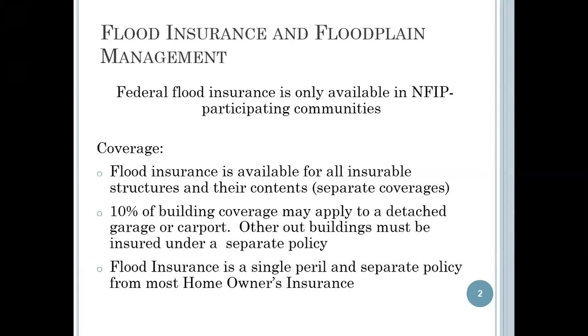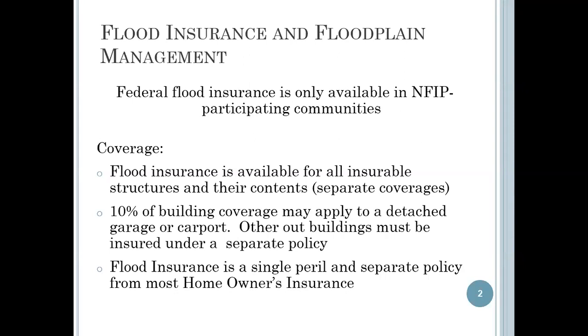Well, it can be on one policy, but you have to purchase building and then you have to purchase contents. Under the definition of a building, we can move 10% of the building coverage over to cover a detached garage, not a carport, but a detached garage, as long as it's got two walls and a roof.